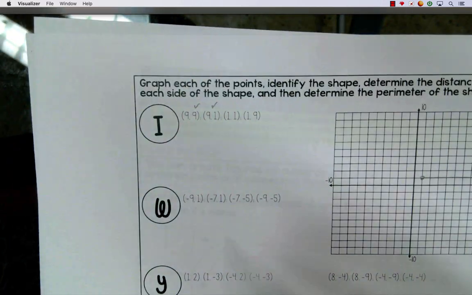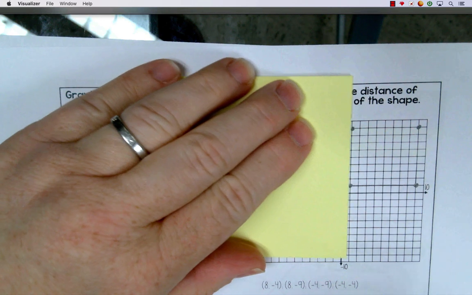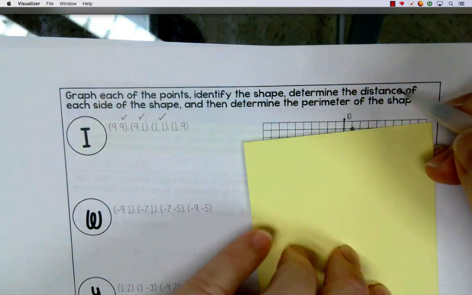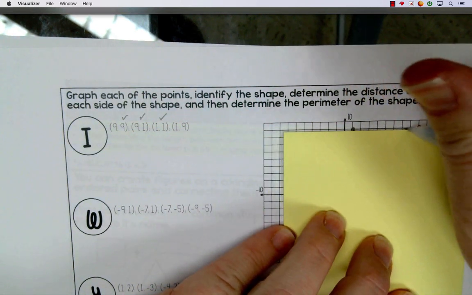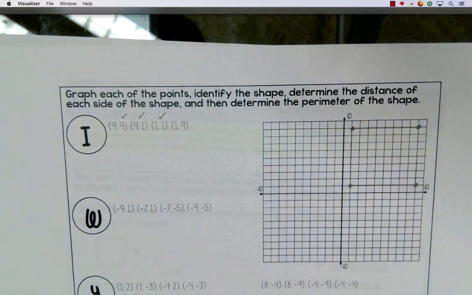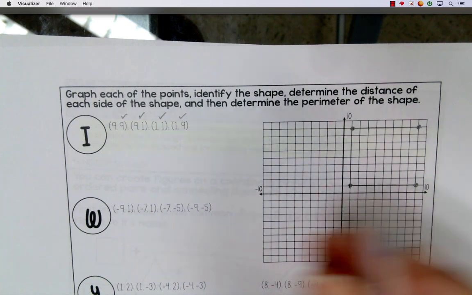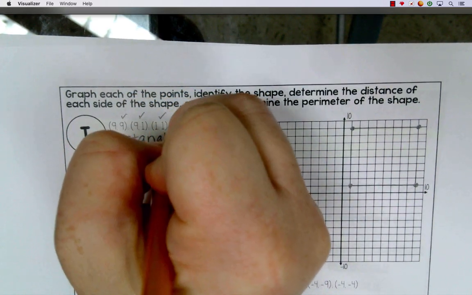And then we have positive 1, positive 9. Okay. So we had to graph the points. We did. We identified the shape. This is a rectangle. So I'm going to say rectangle.